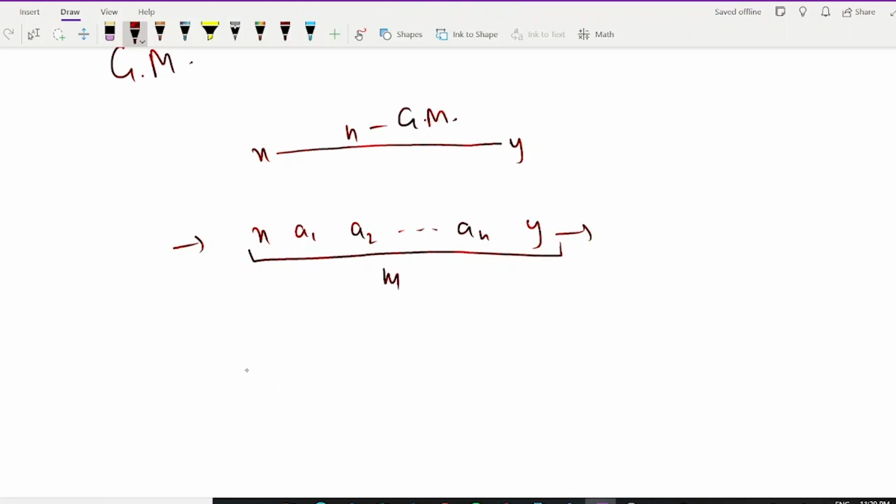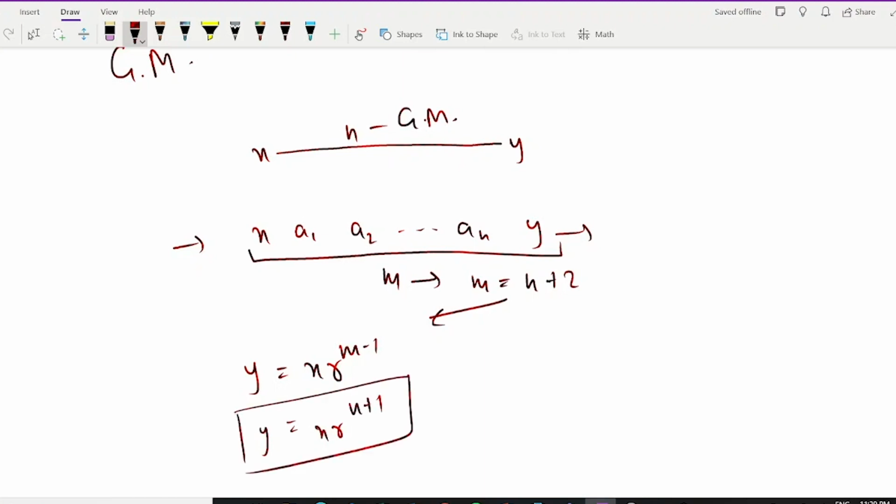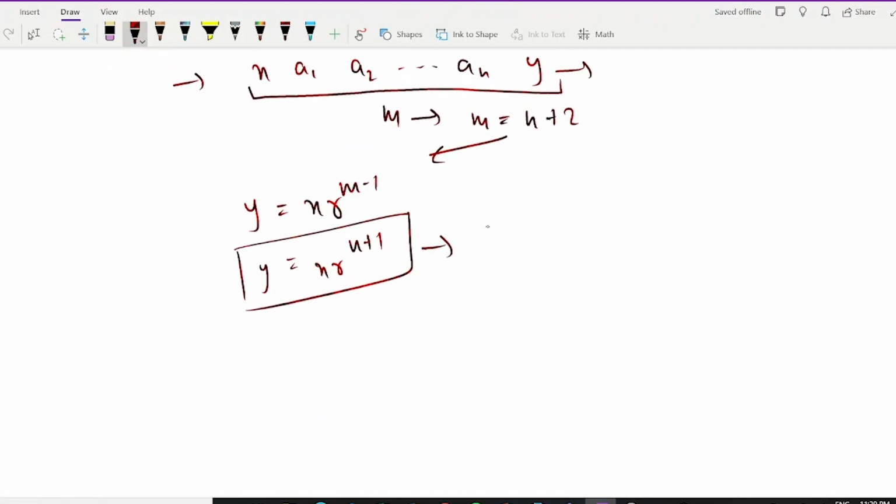We can write using the geometric progression rule, y is equals to x into r to the power (m minus 1). Again, we know that m is equals to n plus 2. Putting this here, we get y is equals to x r to the power (n plus 1). From this formula, we can write r is equals to the (n plus 1)th root of y by x, or r is equals to (y by x) to the power 1 by (n plus 1).